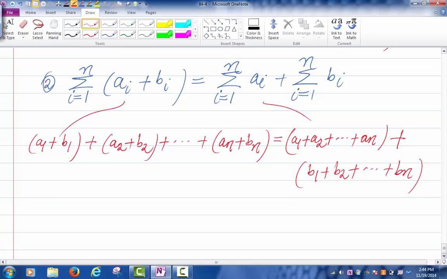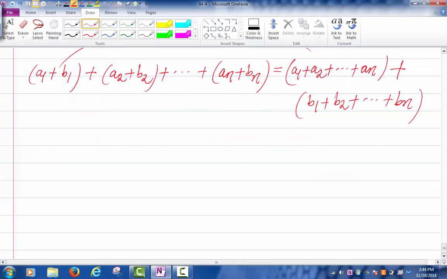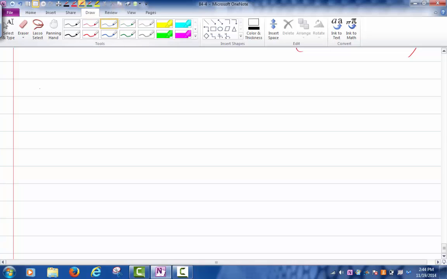Let's look at some examples of using these properties. Let's say I have the sum i going from 1 up to 3 of i cubed plus 2i plus 1.